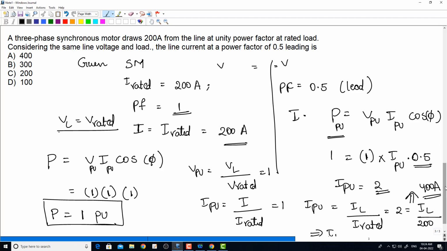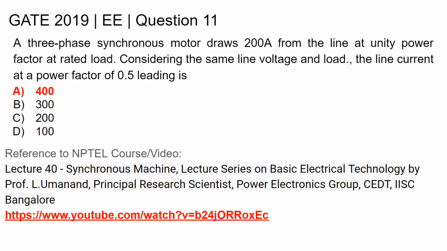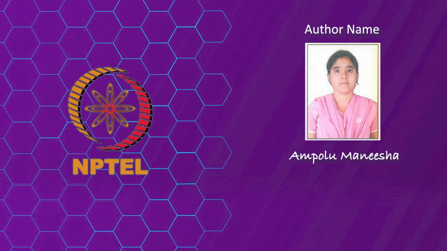So, the line current of the synchronous motor is 400 amperes. So, the line current drawn by the synchronous motor at a power factor of 0.5 leading is 400 amperes. Thank you.